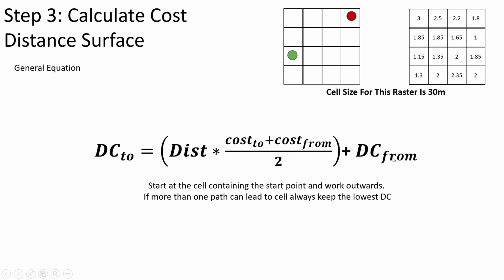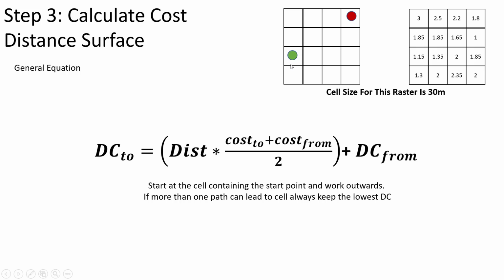The from is the cell you're traveling from. So if we were to go from this cell to this cell, this cell would be our from cell, this cell would be our to cell. What we're bringing in is the distance that we just talked about relative to some portion of the cell size, the cost to and the cost from. This is coming from our cost surface that we calculated using that weighted overlay. And you can see here we're basically taking the average cost between the two cells.